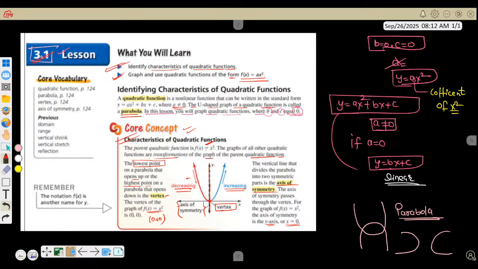Okay. So if the parabola is upward, then we have the lowest point, and if the parabola is downward, then we have the highest point, right? Good. Now we have a question. Now see, what is our question?